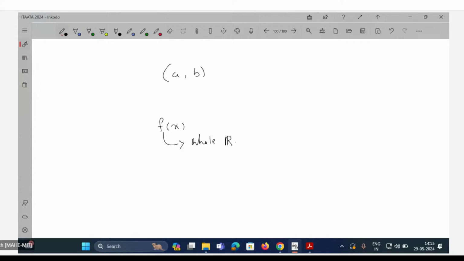Now, inside of that, we just consider the open interval (a, b) and want to know whether this function is continuous or discontinuous on the open interval. Obviously, if the point is not there, it will be discontinuous at that point for that interval. And now we are discussing what type of discontinuity we have. So if you are not comfortable with the fact that this point is not there in the interval, so we are not bothered with whether it is discontinuous at that point or not, it's fine.